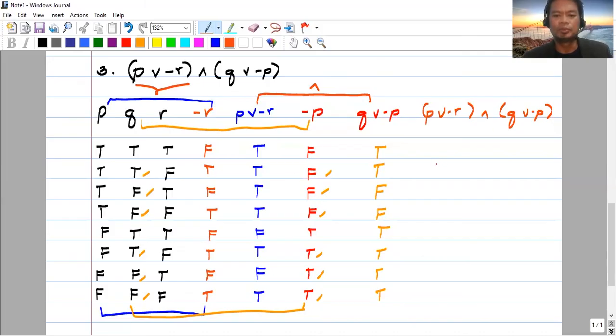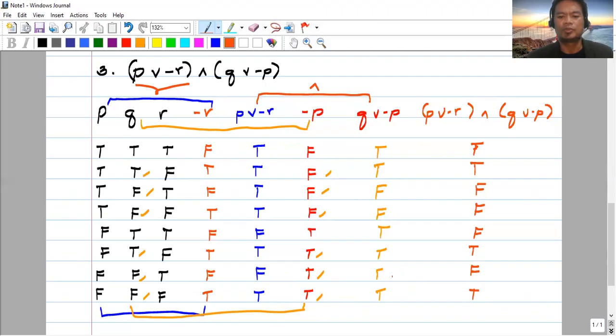So true and true is true. True and true is true. True and false is false. True and false is false. False and true is false. True and true is true. False and true is false. True and true is true. True and true is true.